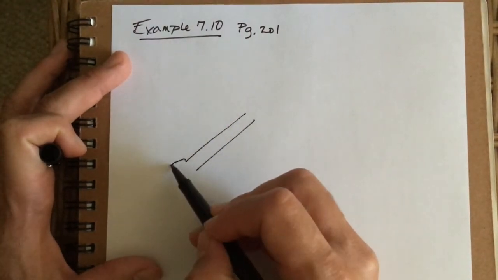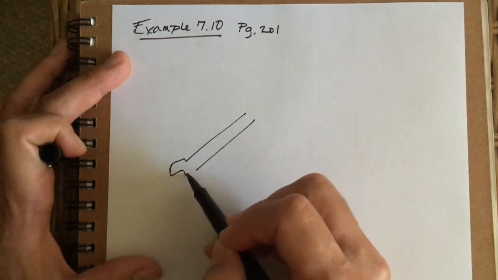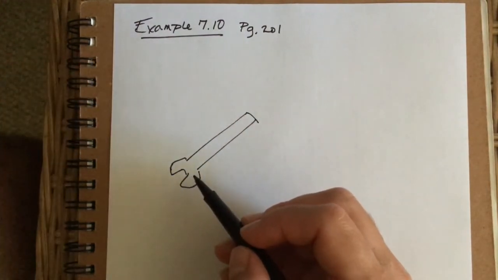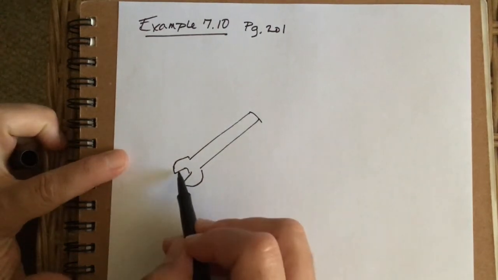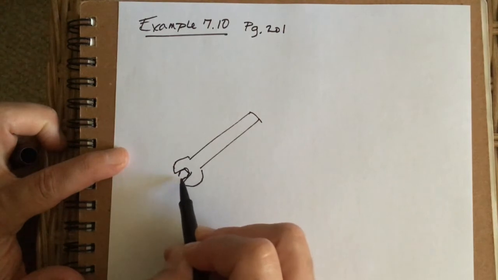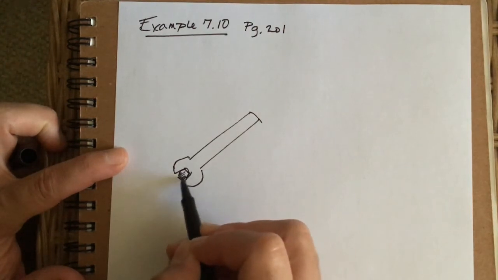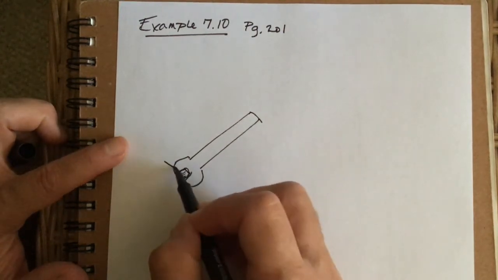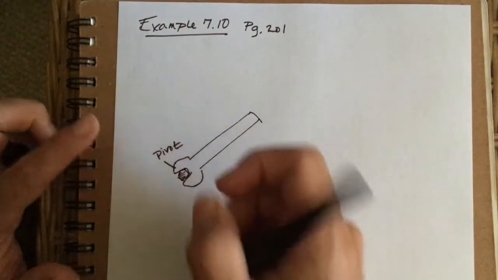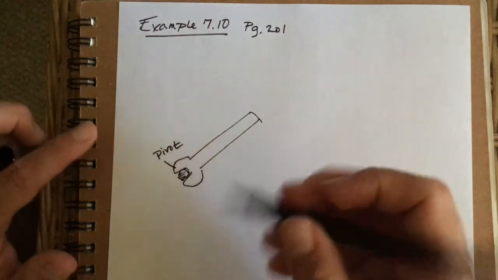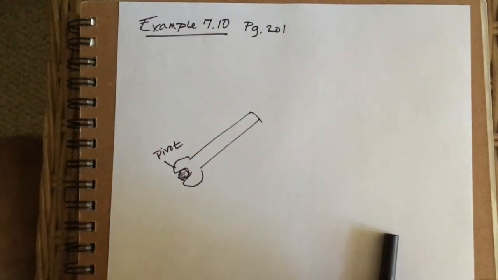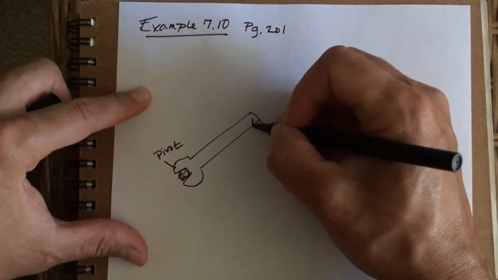So the wrench is going to point, excuse me, like this, and the nut will be here, and this is also known as the pivot, right, or axis of rotation. But this time the force is going to be directed straight down.